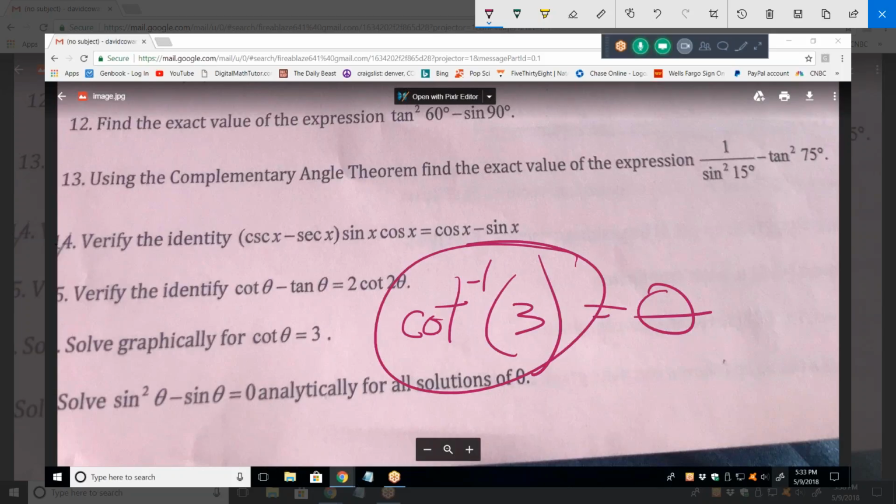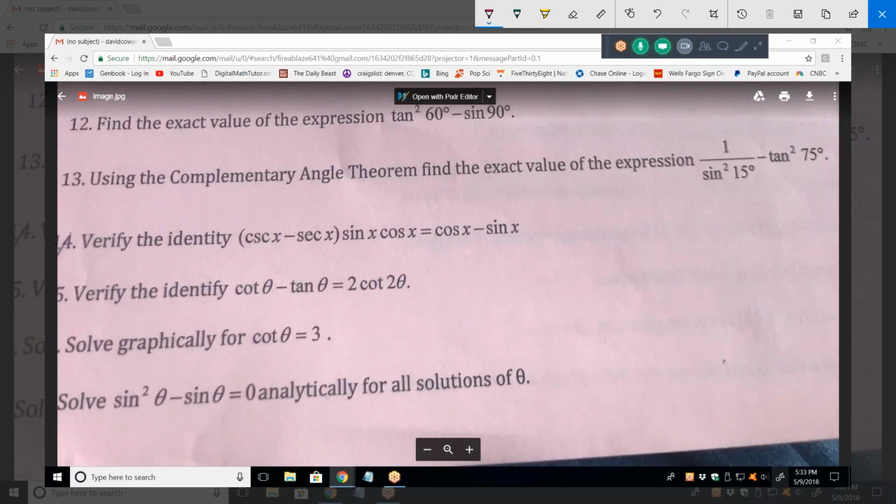You can get that number out of your calculator. But it says solve it graphically. So to solve it graphically, you plot 2 things. The first function is cotangent of theta. The second function is 3. Wherever those 2 cross, that's your answer.